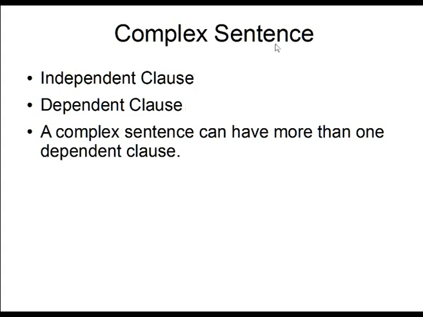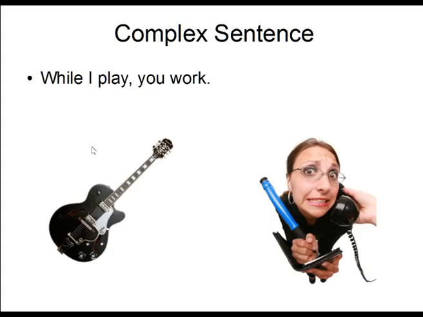For a complex sentence, you can only have one independent clause, but you can have pretty much any number of dependent clauses that you can manage in the sentence. So while I play, you work is a complex sentence. It has a dependent clause and an independent clause.